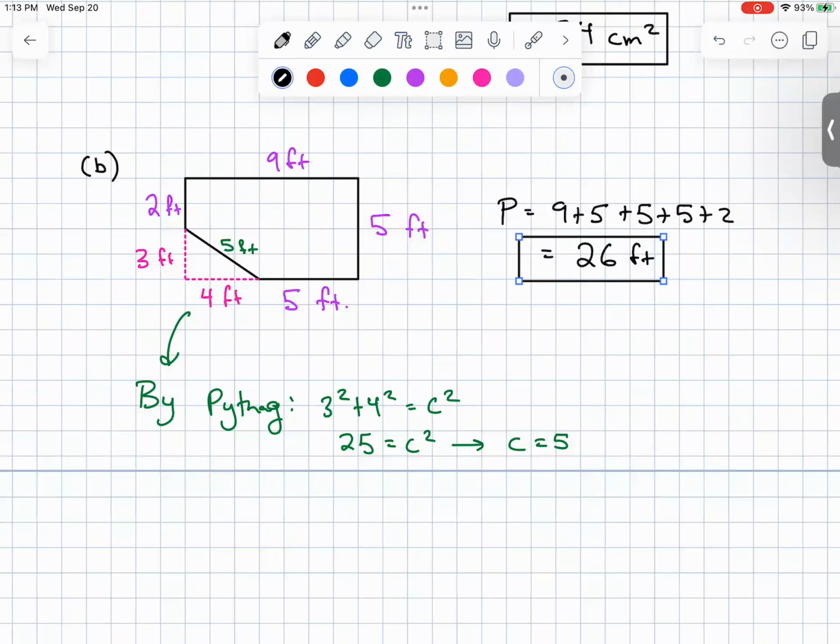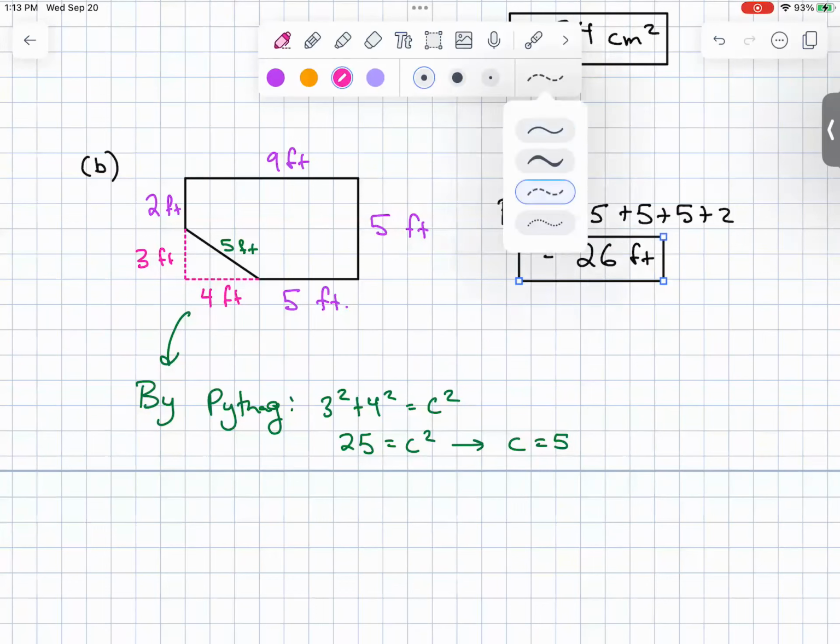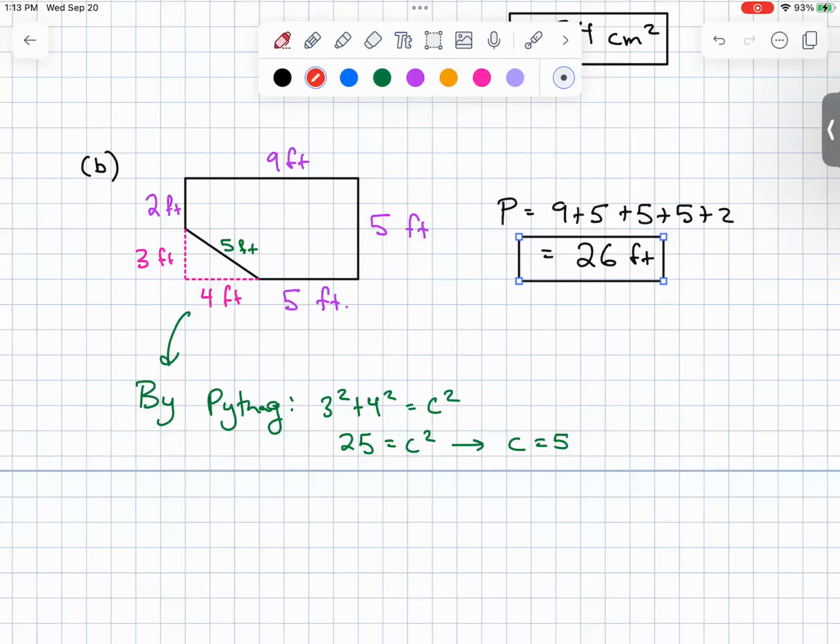And then for area, there are several different ways we could go about finding it. One such way, the way that first appeared to me, since I've already created this little triangle to create a full rectangle, I'll find the area of the full rectangle and subtract off that little triangle. That would be my thought. But you could also break this up into a rectangle and a trapezoid.